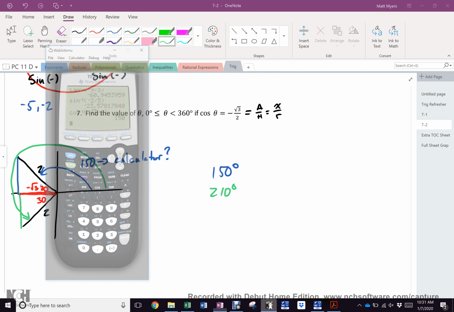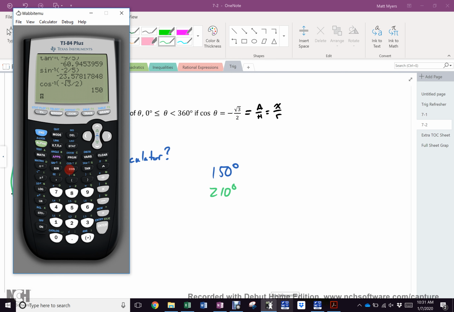Because watch this. Second cos. I'm not going to put a negative there. Root 3 divided by 2. What do you think it's going to give me? Do you think it's going to give 210? That's your guess? Any other guesses? You think error?